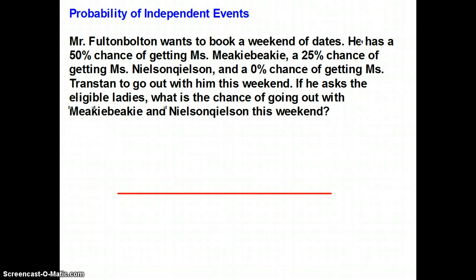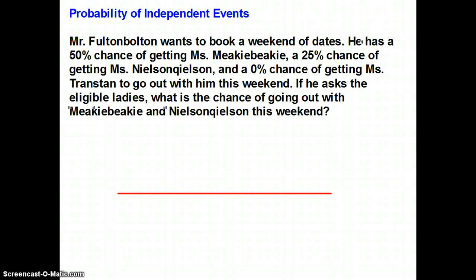Our first problem here, we have Mr. Fulton Bolton wants to book a weekend of dates. He has a 50% chance of getting Miss Meeky Beaky and a 25% chance of getting Miss Nielsen Quilson, and a 0% chance of getting Miss Transtan to go out with him this weekend. If he asks the eligible ladies what is the chance of going out with Meeky Beaky and Nielsen Quilson this weekend, this is an AND scenario.